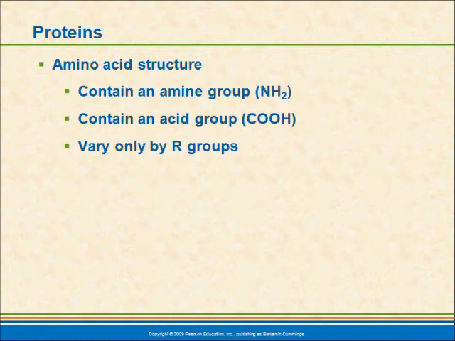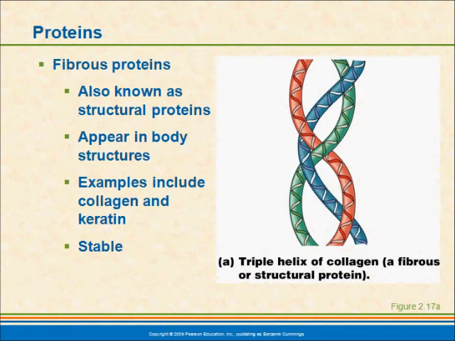Proteins are made of amino acids. You really don't need to know the exact structure of an amino acid, but it does have a nitrogen group. And basically, what proteins can do is they can be formed into a couple of different types of structures. There are fibrous proteins, structural proteins, that appear both in body structures and in cells.